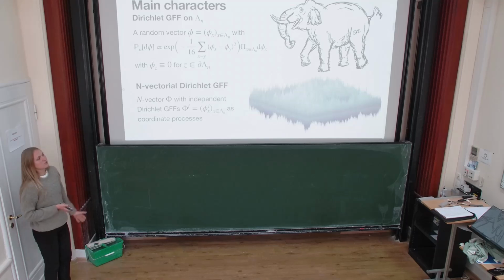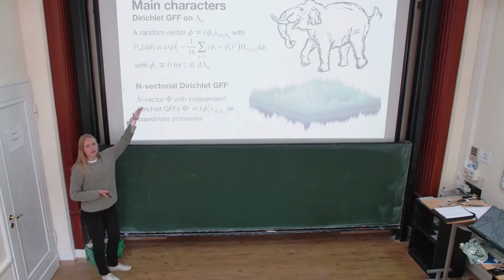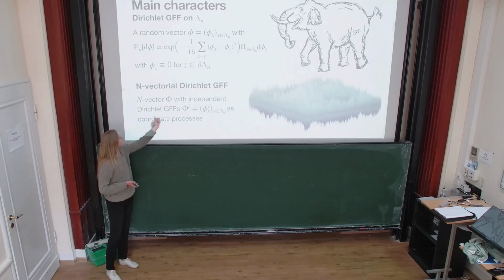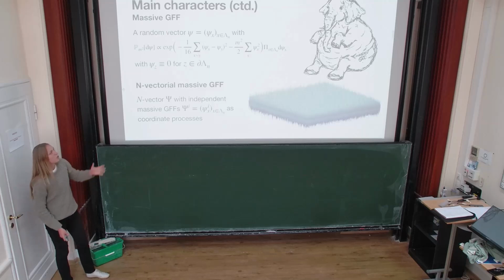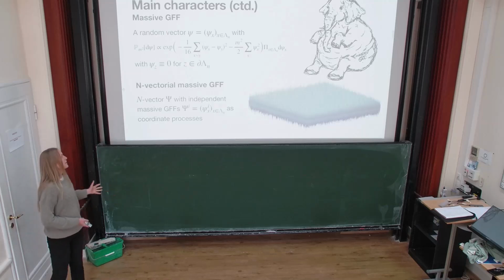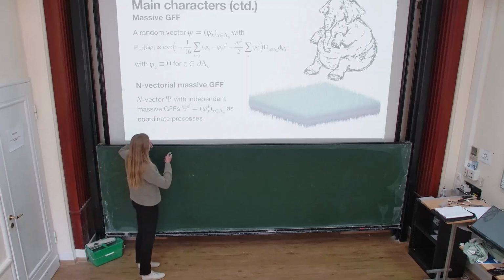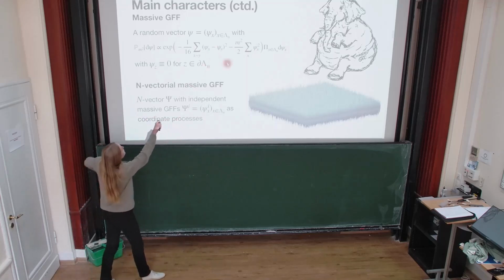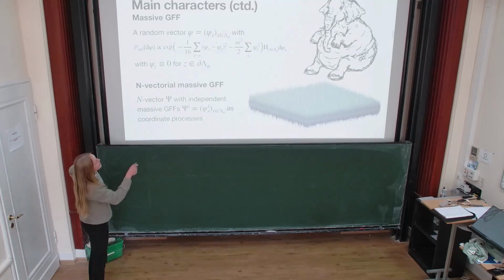Then we would also need the n-vectorial Dirichlet Gaussian free field, which is basically just n independent coordinate processes, each a GFF on its own. Then we also have a massive one. The only difference is that now, except for this term, which corresponds to the discrete Laplacian, we also add some mass term.